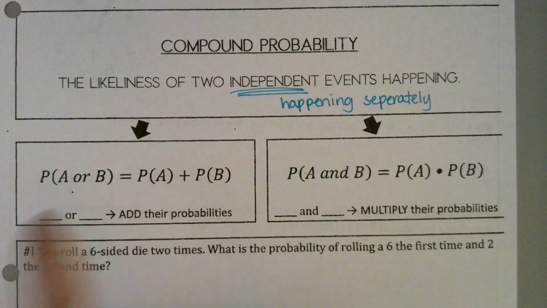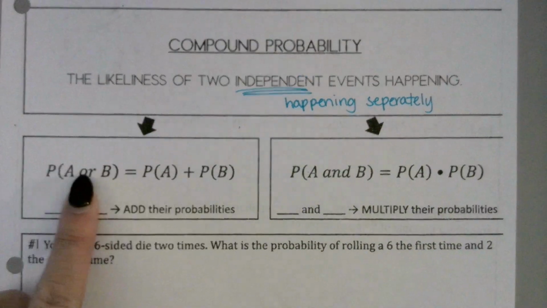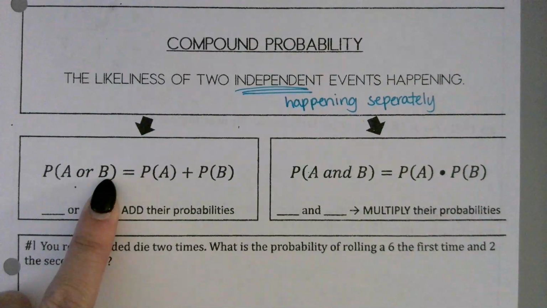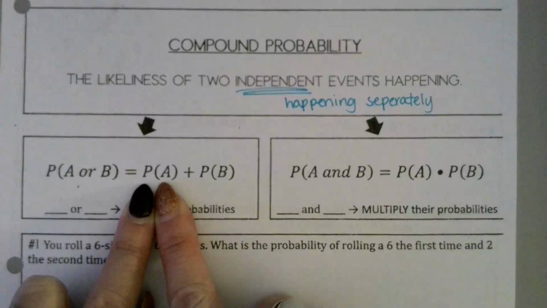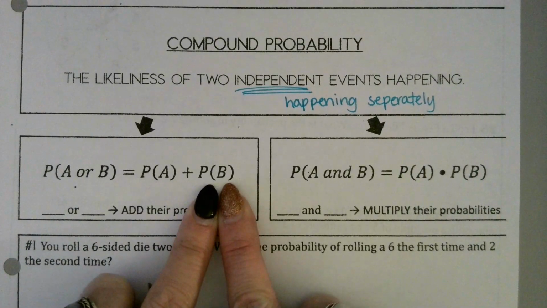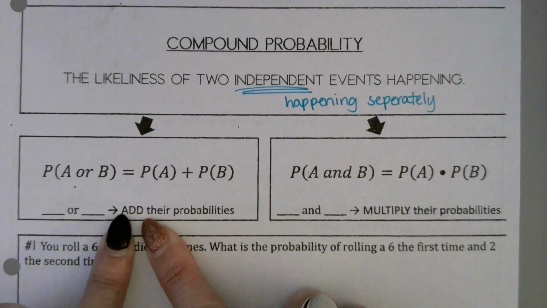So if we are flipping a coin and we want heads or tails, it would say P, heads or tails. The rule is that you find the probability of the first thing, you find the probability of the second thing, and if the word is "or," you add them together.